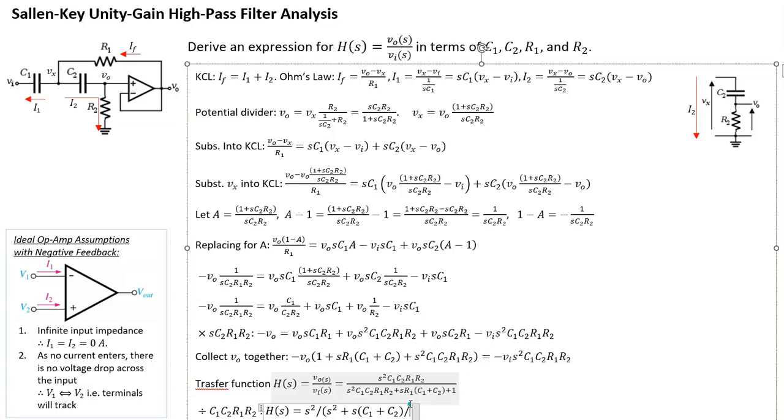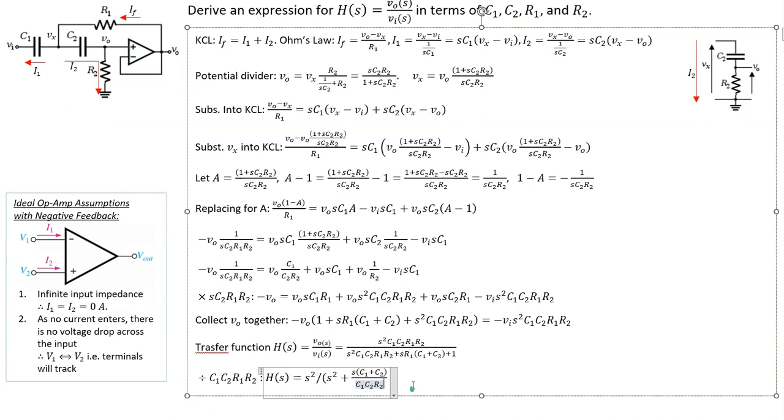So C1, C2, and R2. That's the middle term, and then finally the last term will simply be 1 over all of these values, all of these passive components.